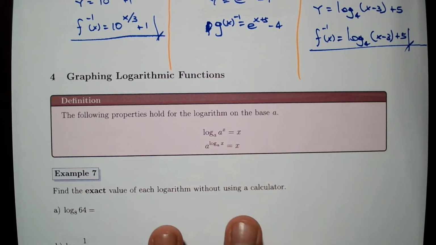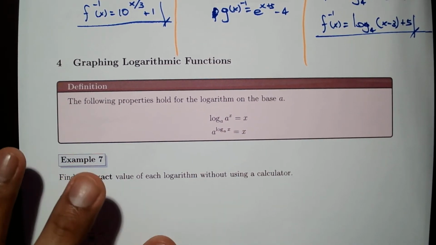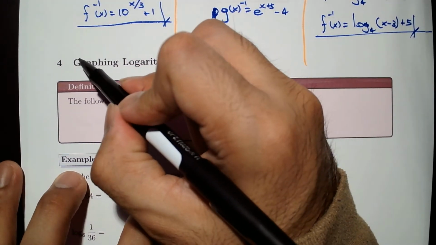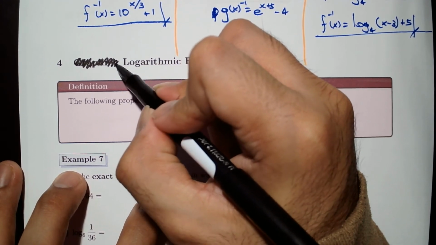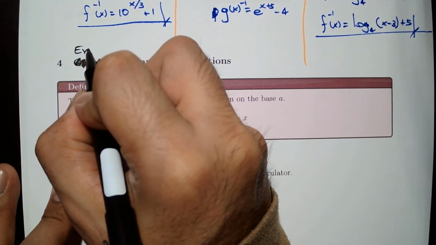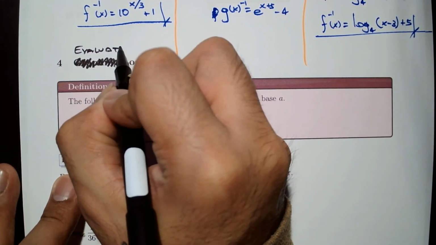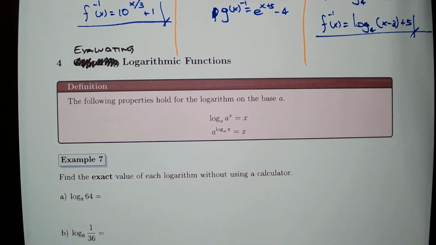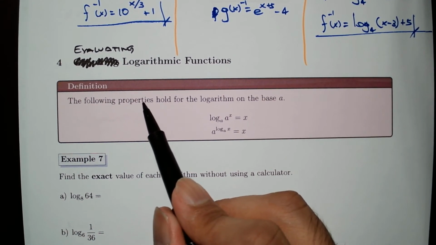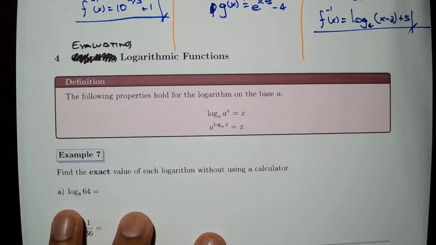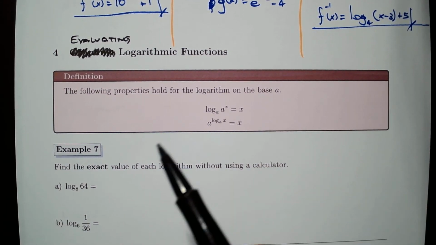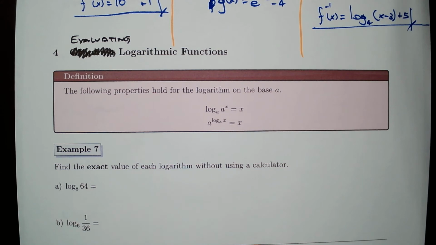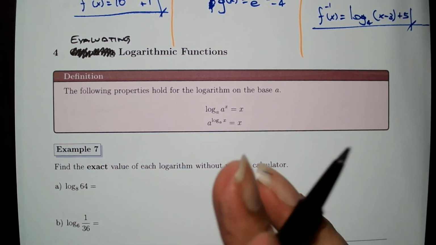Alright, so the next and last topic for this section is not graphing, but rather evaluating logarithmic functions. Now that we found out that exponential functions and logarithmic functions are inverse functions to one another, that's the main takeaway of this section.